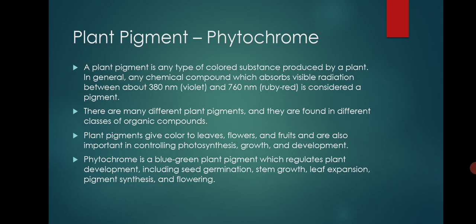Plant pigments give color to leaves, flowers and fruits and are also important in controlling photosynthesis, growth and development. Phytochrome is a blue-green plant pigment which regulates plant development including seed germination, stem and leaf expansion, pigment synthesis and flowering. So that is all about the phytochrome mechanism in plants.